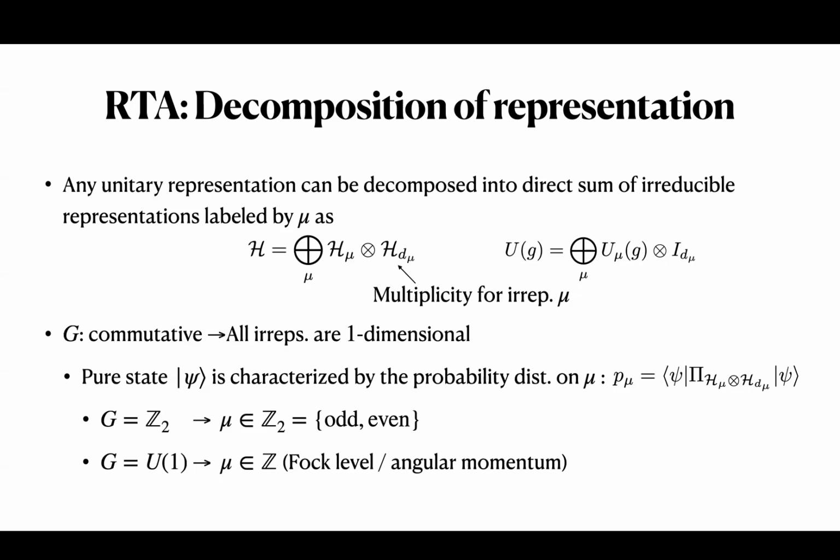For example, when the system has the parity symmetry described by Z2, then irreducible representations are odd and even under the parity transformation. And when G is U(1), then the representation has integer values, and it corresponds to the Fock level in a harmonic oscillator or angular momentum.